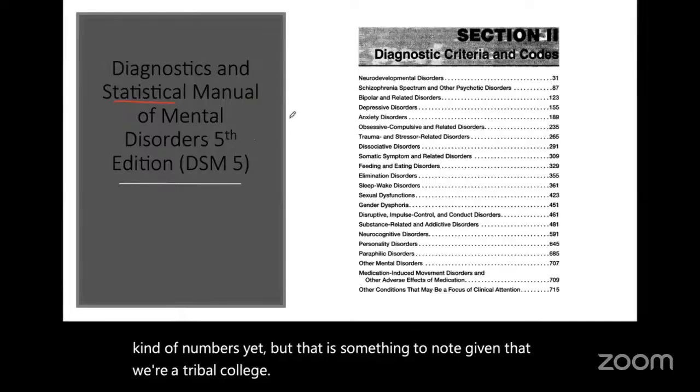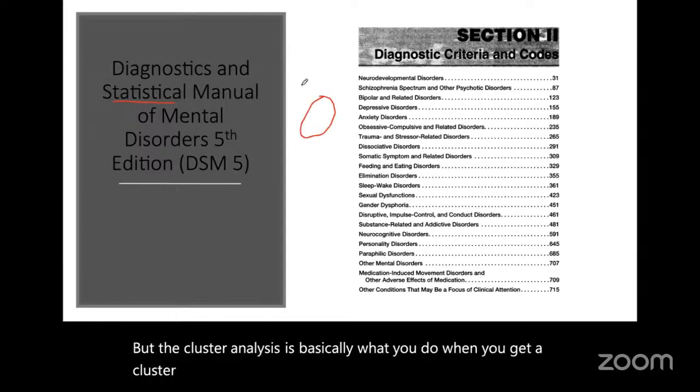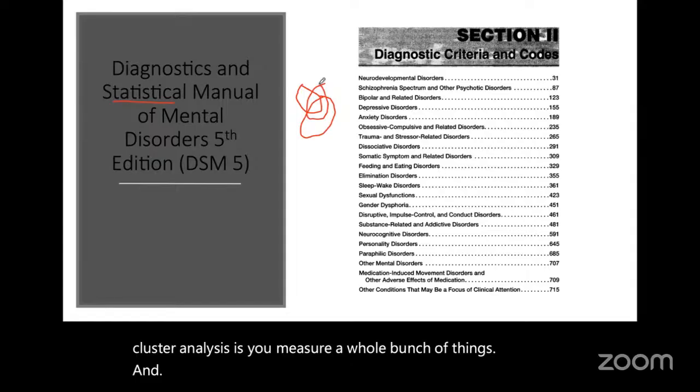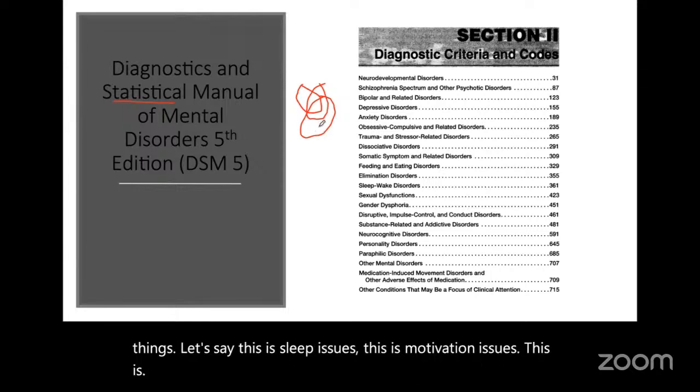But the cluster analysis is basically what you do when you measure a whole bunch of things, and wherever things lay over each other, you see these three things. Let's say this is sleep issues, this is motivation issues, this is eating issues.